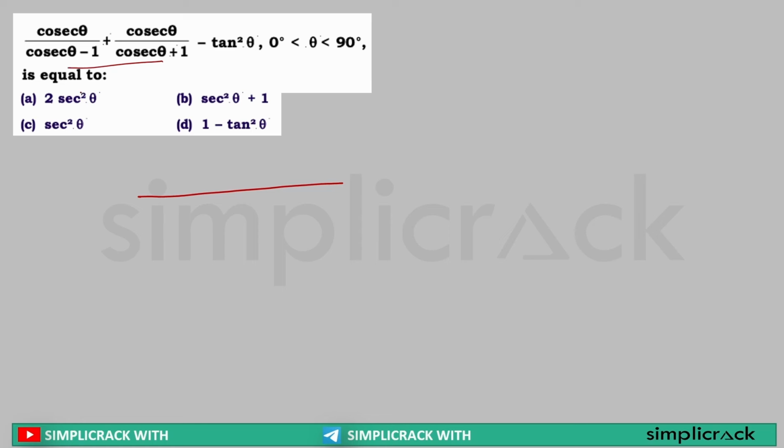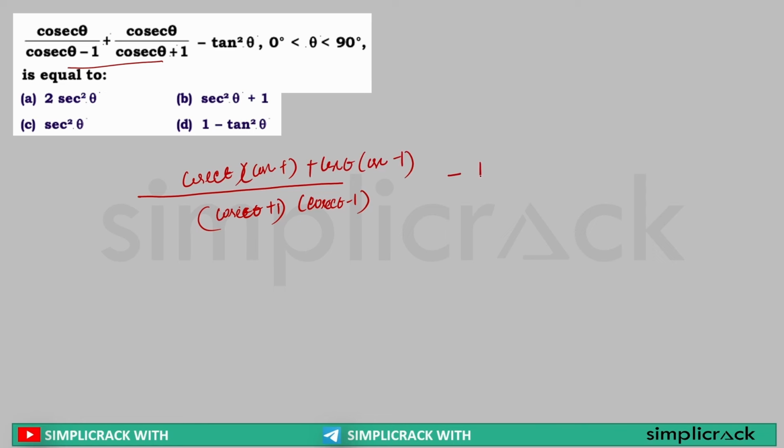Let's take the sum of this. That is cosec theta plus 1 into cosec theta minus 1. Here it will be cosec theta into cosec theta plus 1 plus cosec theta into cosec theta minus 1.